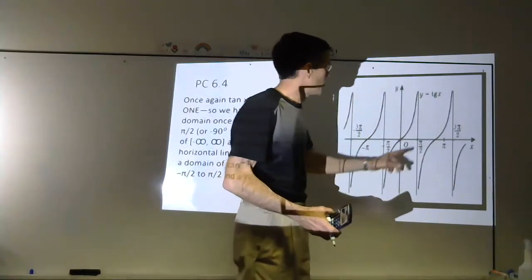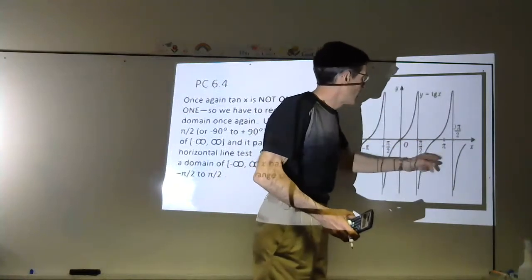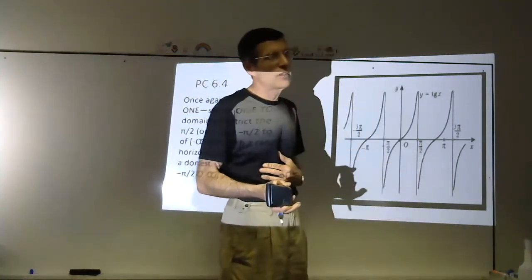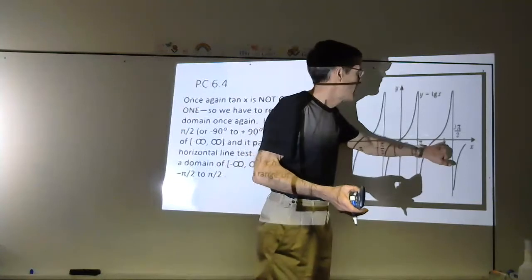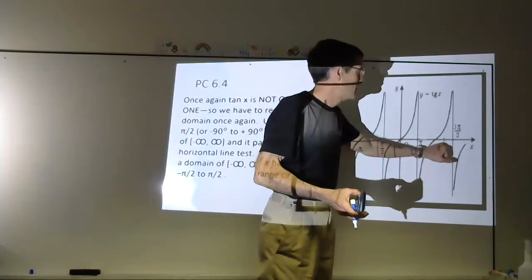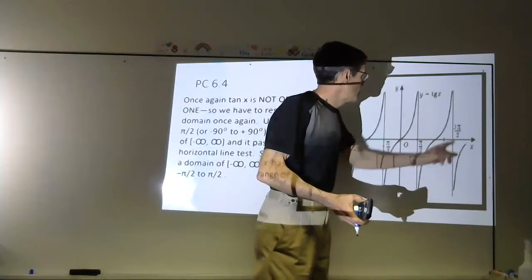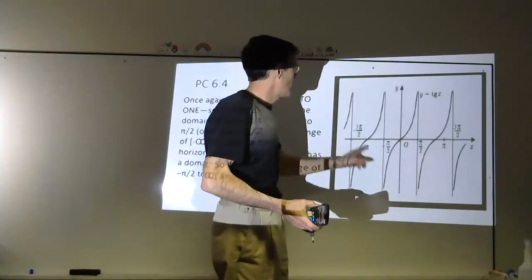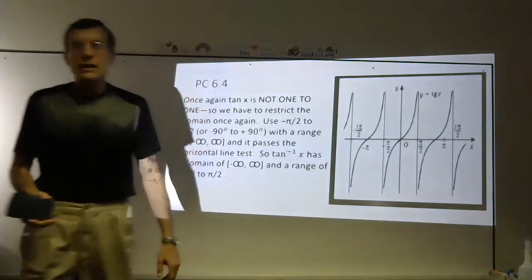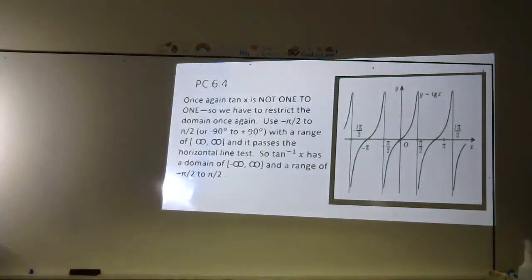Well, I shouldn't necessarily say all multiples of 90, because 180 degrees, pi, is a multiple of 90. So at 90 it's undefined. At 270 it's undefined. At negative 90, at negative 270, and so on, it's going to be undefined. As to the reasons why it's undefined, I'm not sure we want to go there. If you're curious about that, ask me, and I'd be happy to explain that to you.